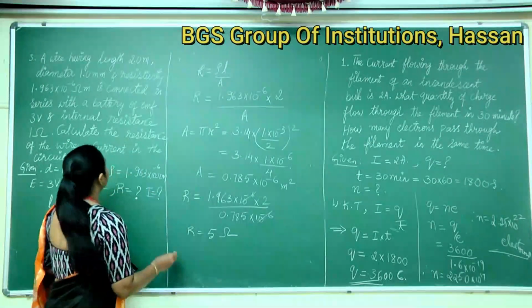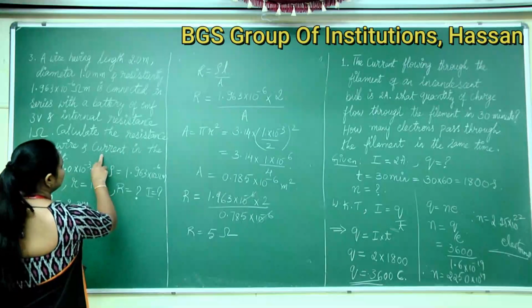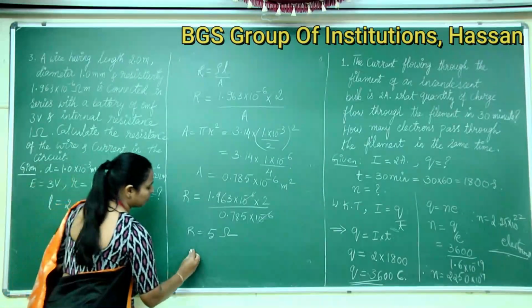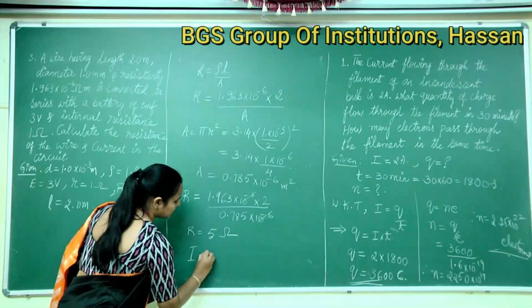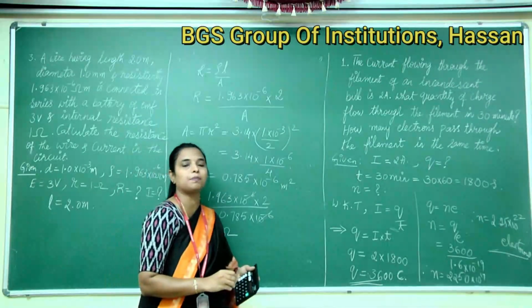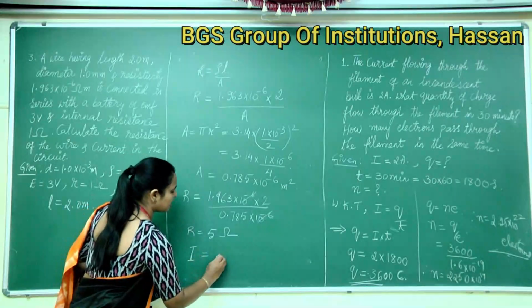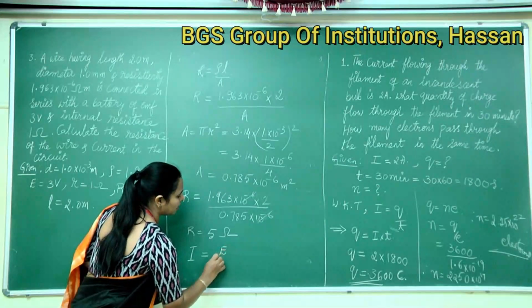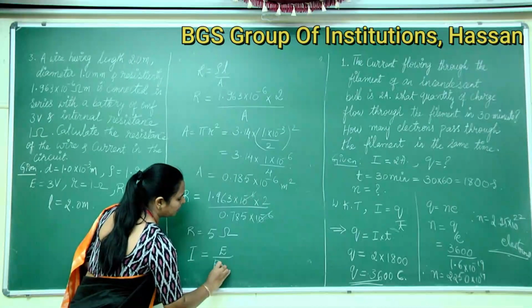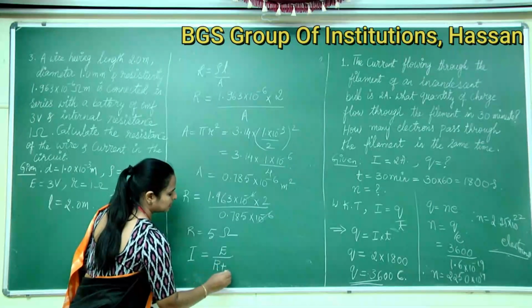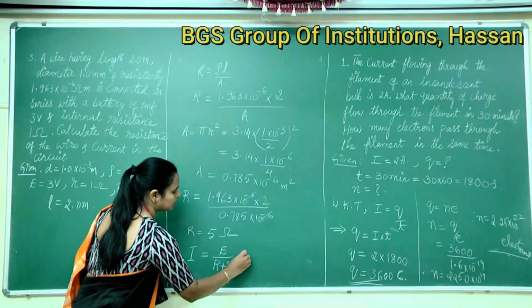Now next part is to calculate the current in the circuit. We have done this derivation, that is Ohm's law applied to simple circuit. That formula itself, that is I is equal to EMF divided by sum of external resistance plus internal resistance.